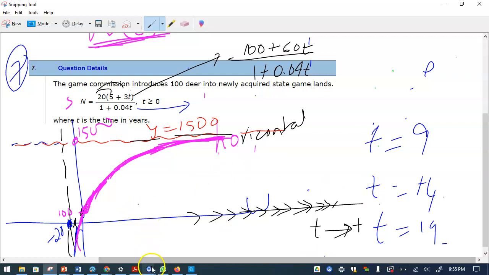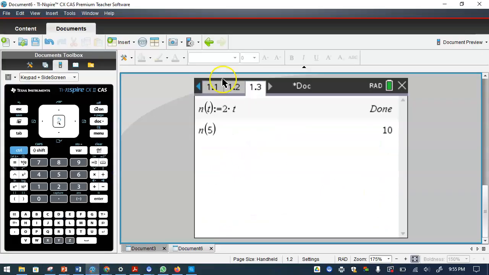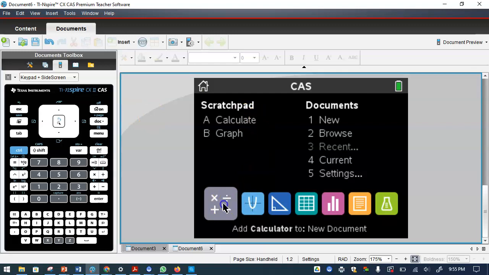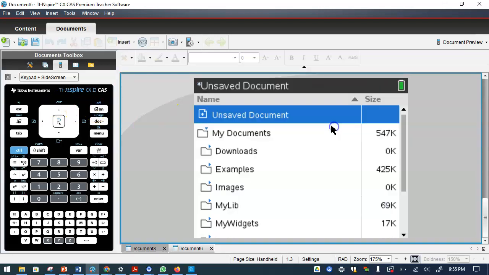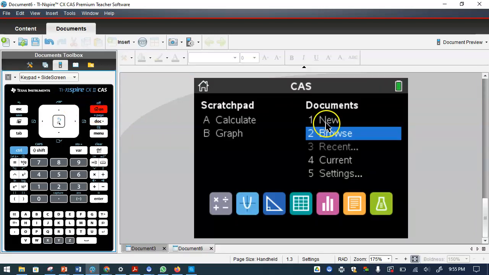So let me go directly to the Desmos NSPY calculator. Go here, click on the calculator, and I'm putting the function as N of t. Let me use a new one so that we don't mix up with the old one.